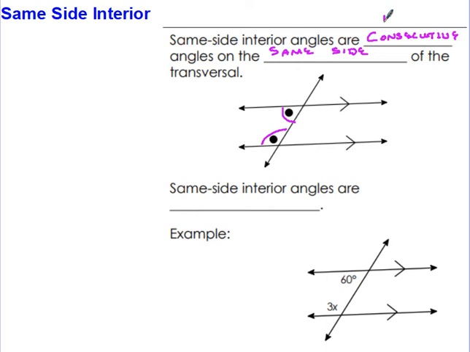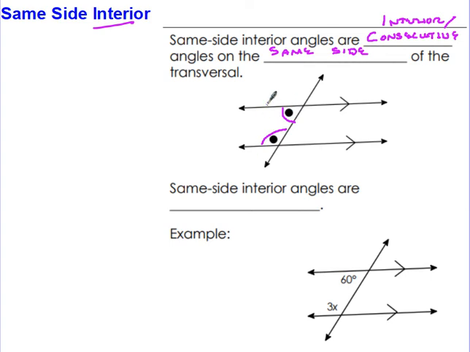You could also put that they are interior angles, but I feel like that was kind of a given. They're interior because of the name. They're inside, in the interior of the parallel lines, and they're on the same side of the transversal. So these two angles are next to each other right here.